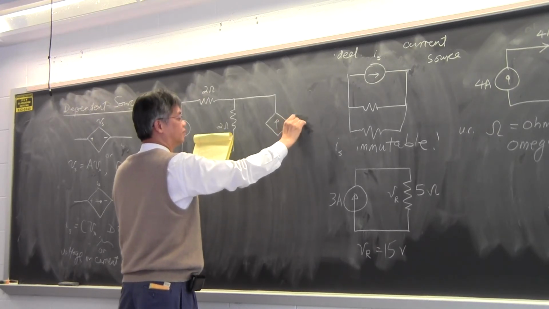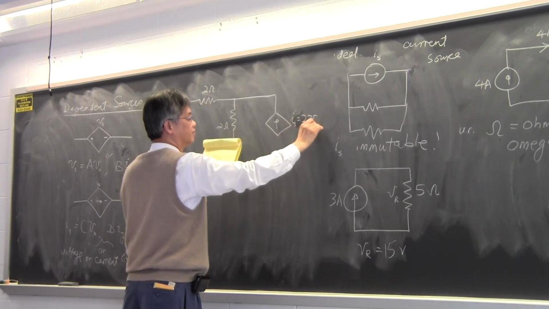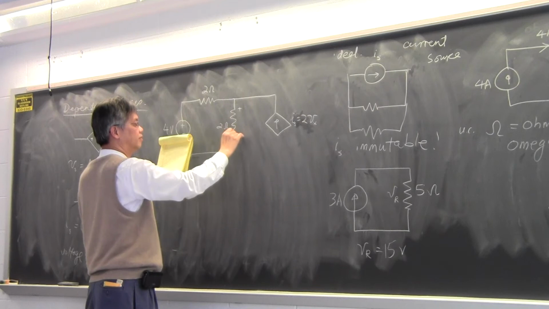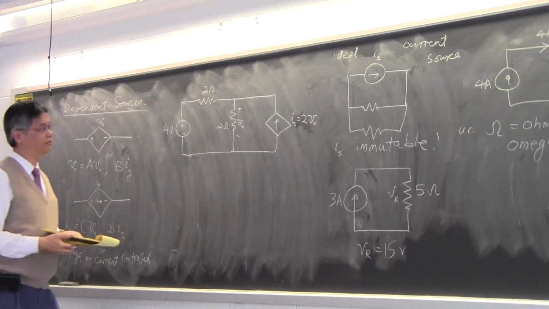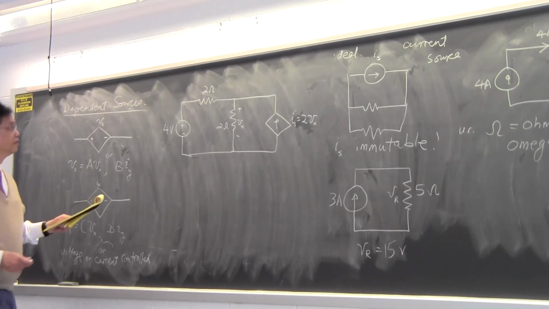And that current source, Is, is 2Vx. It depends on the voltage drop across this resistor. How do I solve this problem? I have a current source, its value depends on the voltage drop across the 2 ohm resistor indicated there. How do I solve this problem?